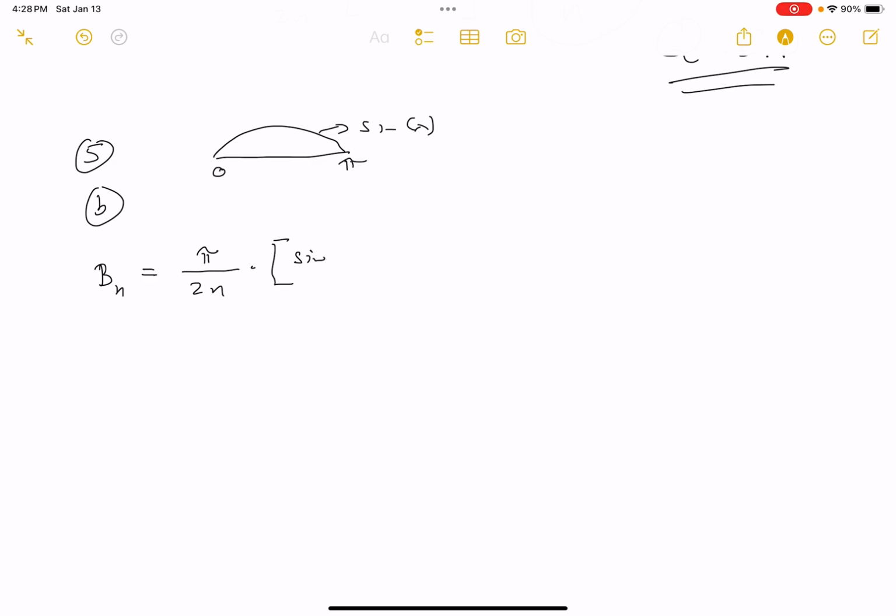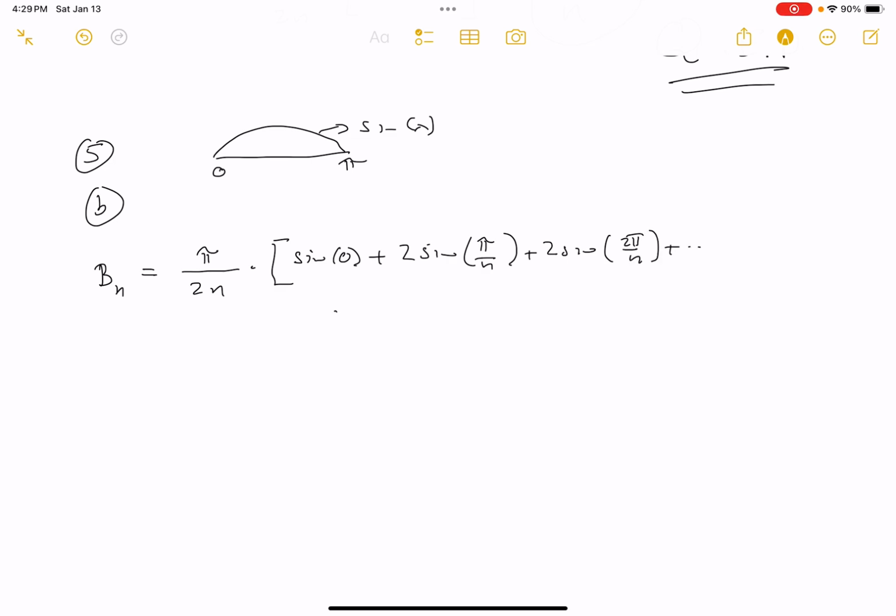It's going to be sine of 0. That's where we started. Plus, it's going to be a bunch of 2's now. So sine, I just move over 1, so pi over n. That's what the partition size is. And it's going to be a bunch of 2's. So the next one's going to be 2 sine 2 pi over n.